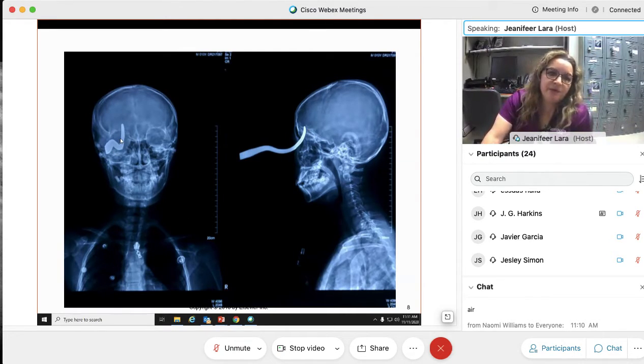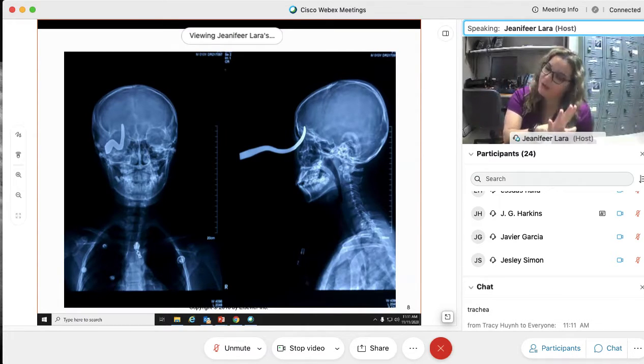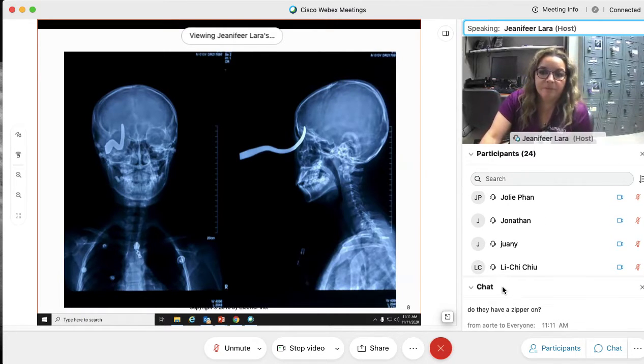It looks like it made its way into the person's right eye, and they'll have to go back for some type of medical intervention. Does anybody have any questions about how X-rays interact with radiopaque or radiolucent items? Radiolucent air, radiopaque, either metal or bone. Good. Okay.